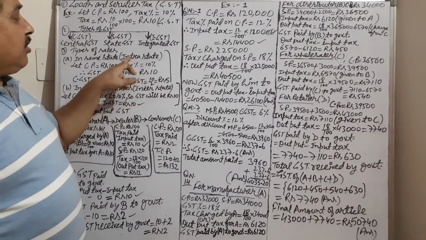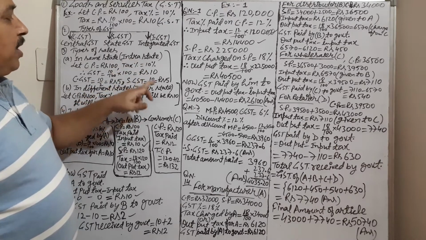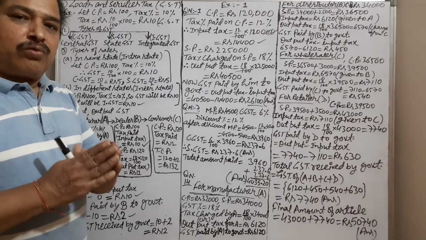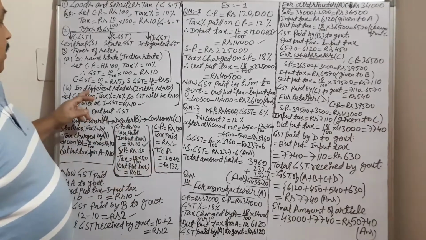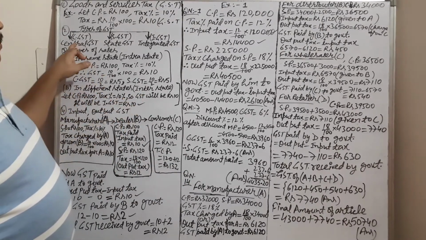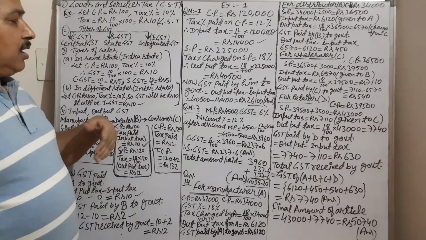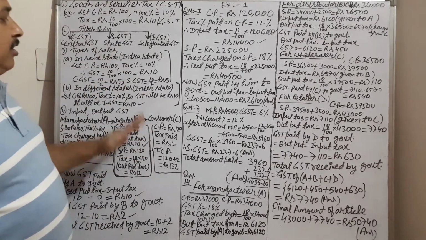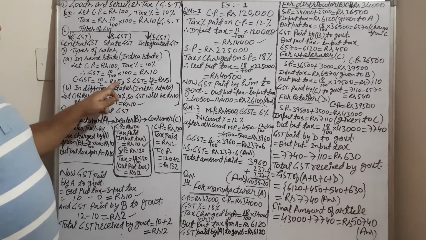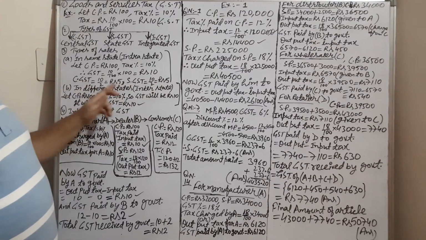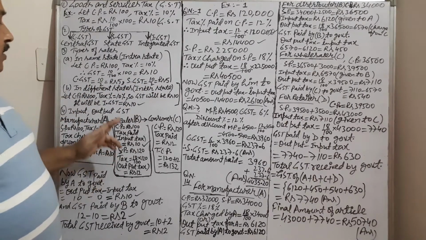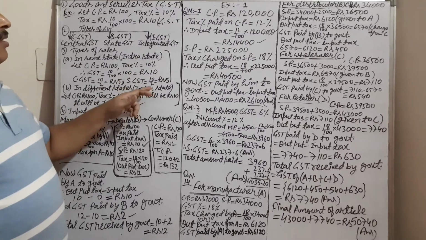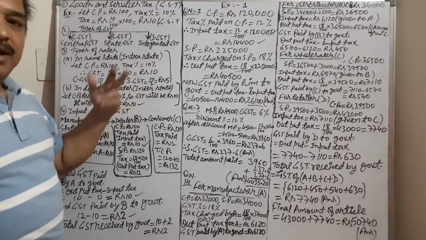So in the intrastate case, this 10 rupees is going to be divided into two equal halves. One half will be taken by the central government and the other half by the state government. So 5 rupees and 5 rupees, CGST and SGST. So tax will be divided like this in the case of intrastate selling.